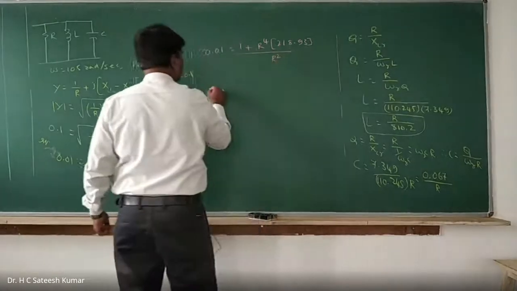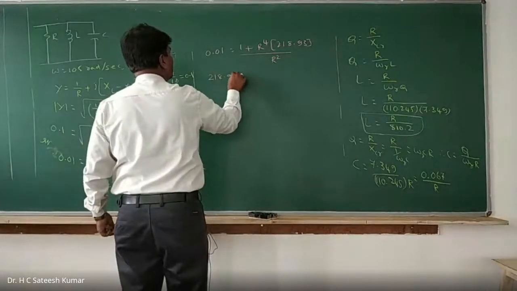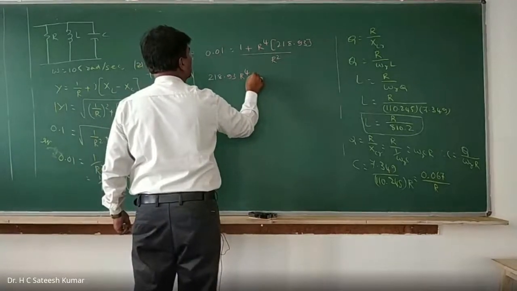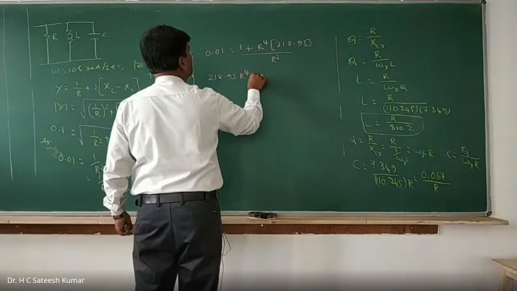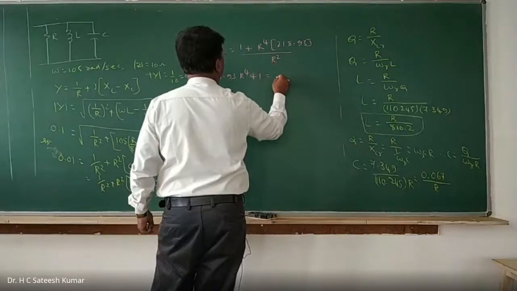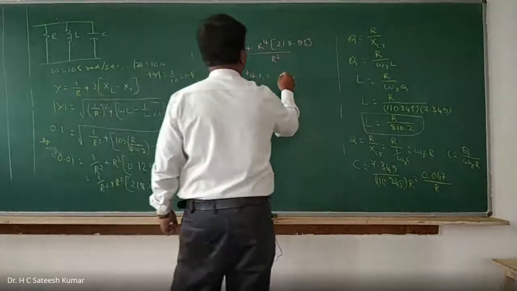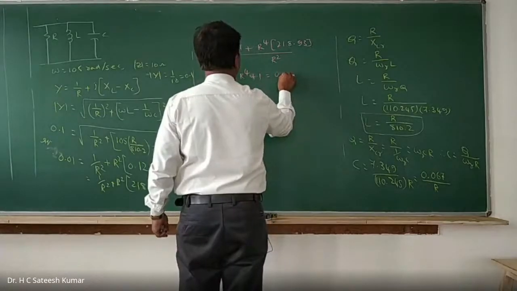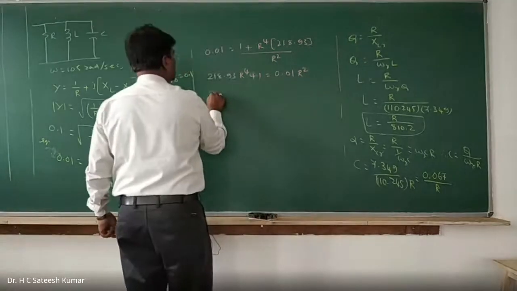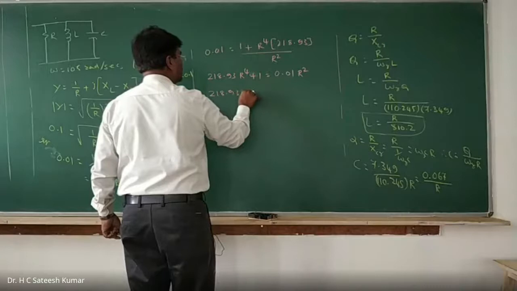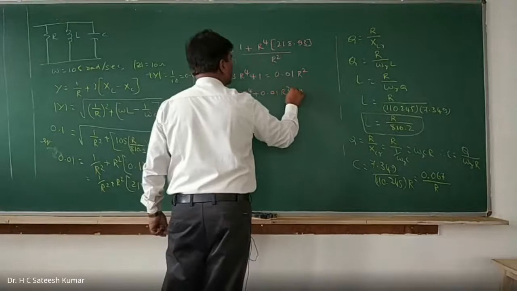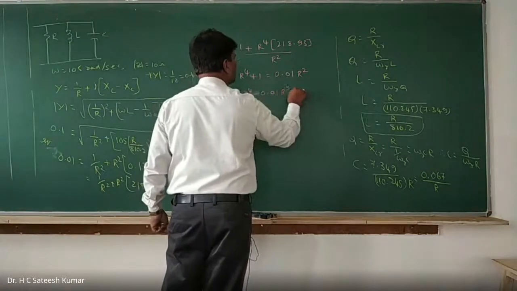So therefore what will I get? 218.93 R to the power of 4 plus 1 is equal to 0.01 R square. So therefore 218.93 R to the power of 4 plus 0.01 R square minus plus 1 is equal to 0.